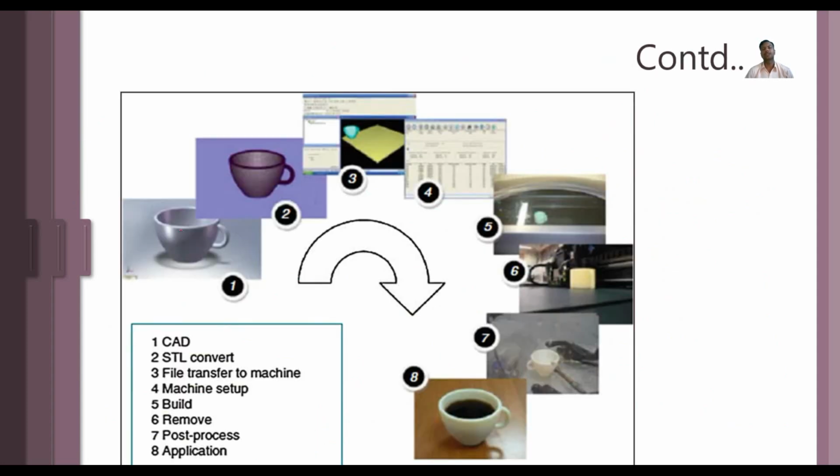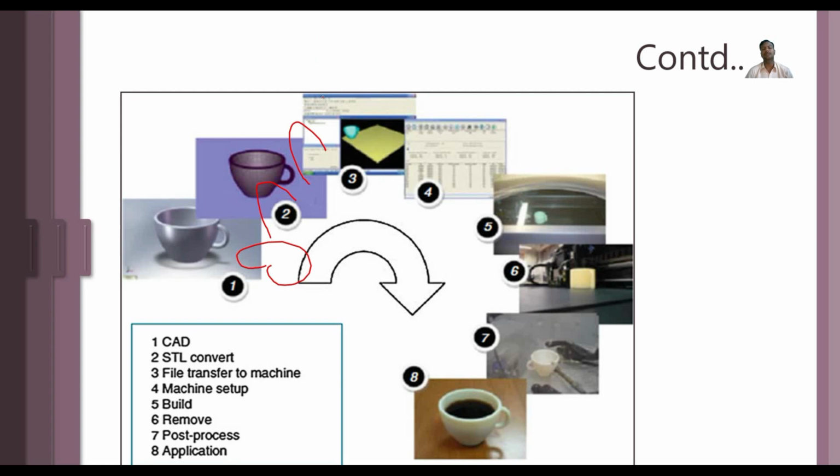So, as I discussed, this is one form of the rapid manufacturing process chain, where you start to design the CAD model, then STL conversion, then file transfer to the machines, that may be any machine, FDM or additive manufacturing based or 3D printing based machines.